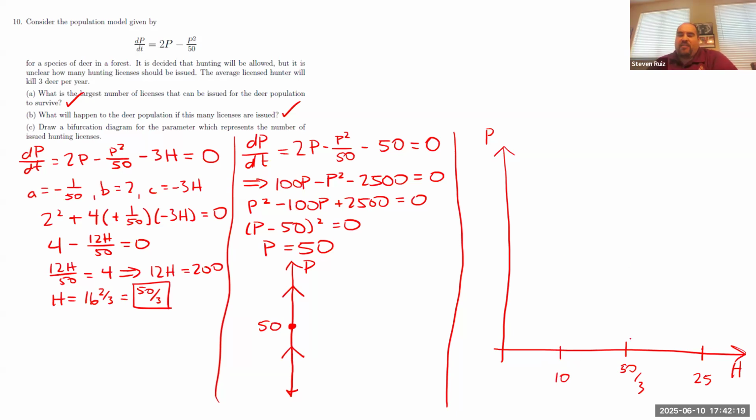I can just drop in my phase line from what I just drew for part B. So at 50, I have equilibrium and I have a node where I have an increase on either side. Now, to figure out what's going on above and below that parameter value, let's go below first. So dp/dt equals 2p minus p squared over 50 minus 3 times 10, which is 30.